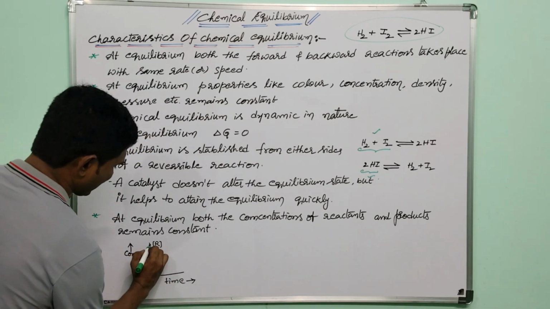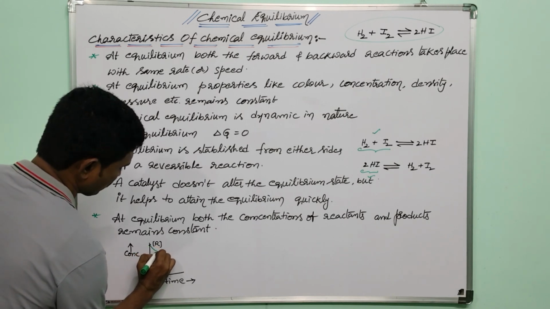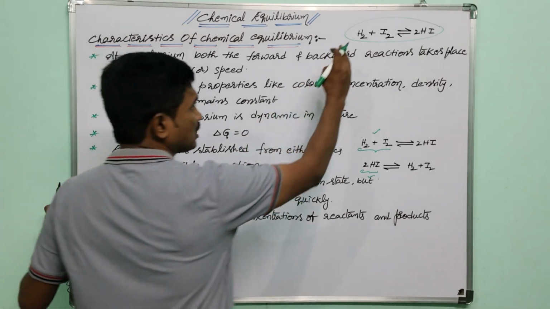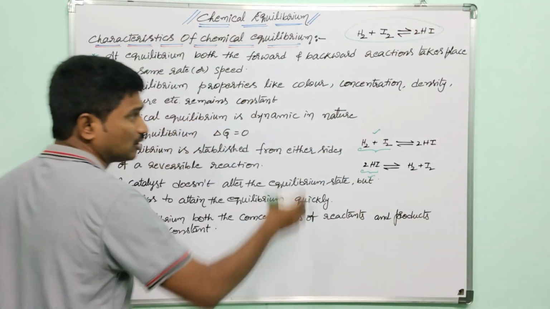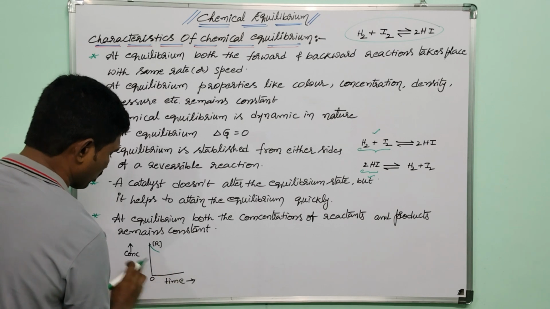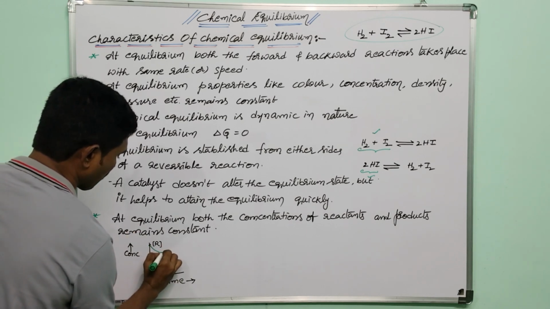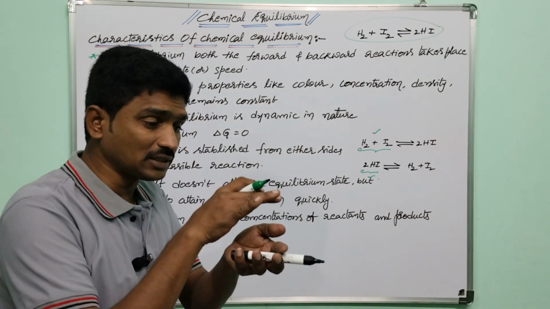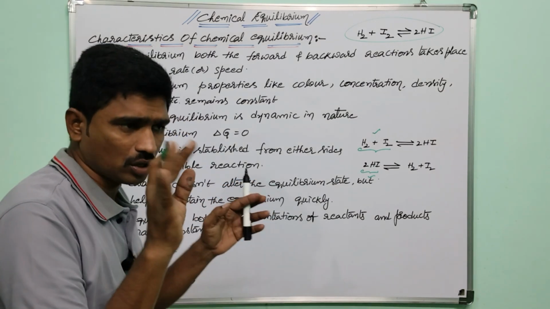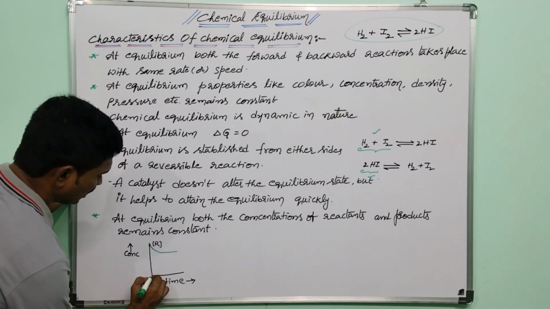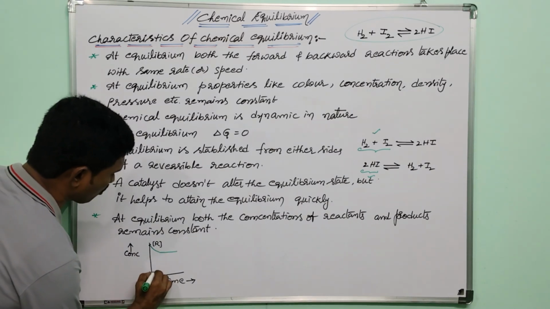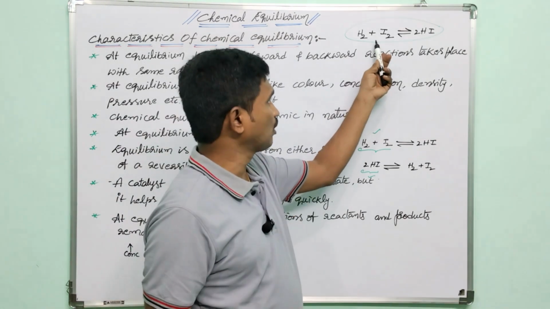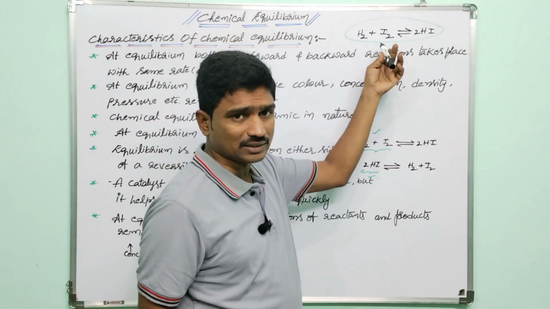As the time progresses, the concentration of reactants slowly decreases because they are slowly converting into product. After some time, the concentration of reactants remains constant. Similarly, at time t0, there are no products, only reactants are present.